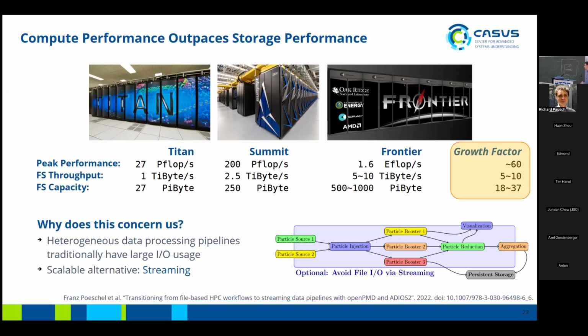When we want to read data in an analysis code from a simulation that outputs massive amounts of data, and PIConGPU is an example for that because it is memory bound, then at some point we get a problem by having to go through the parallel file system and are limited in our scalability, not from the actual codes, but from the limited resources that we have in order to connect these codes together and to make them communicate.